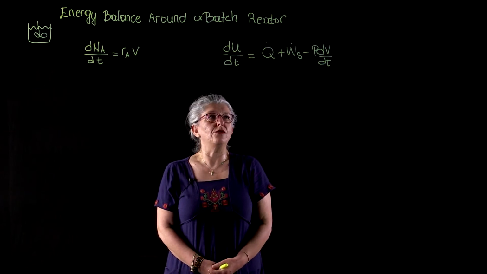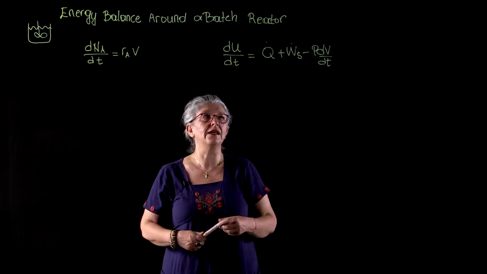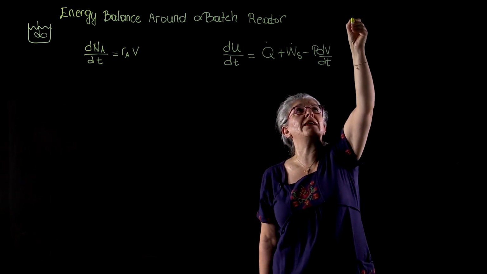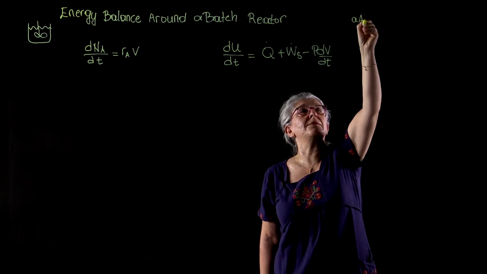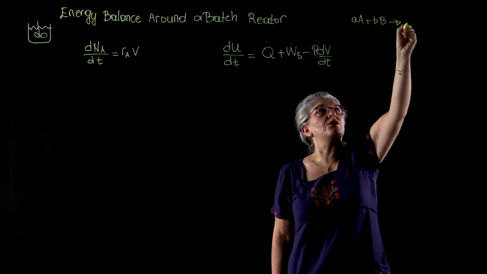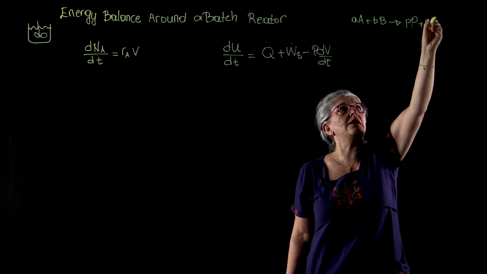All right, now we are going to, again, generate a stoichiometric table. This time our hypothetical reaction is, again, aA plus bB producing pP plus rR.